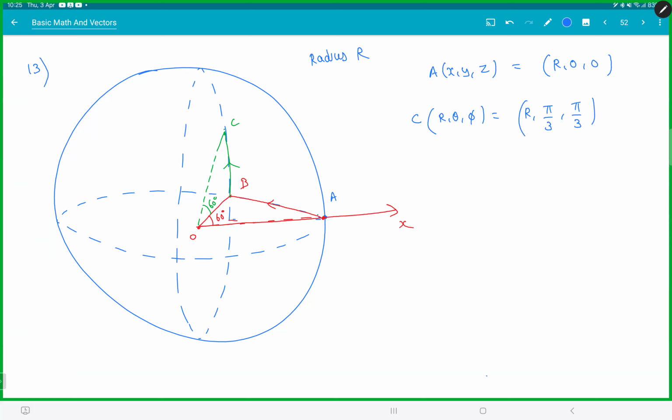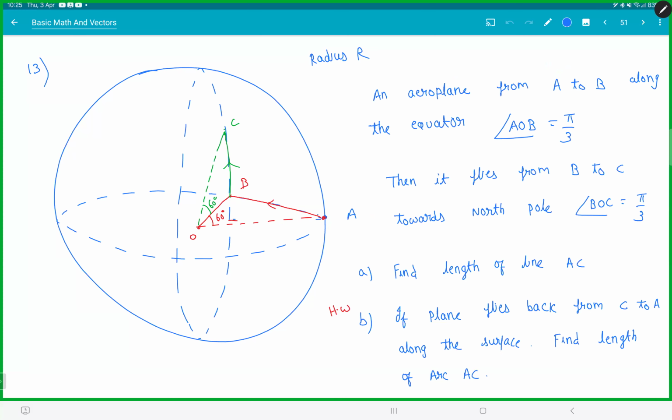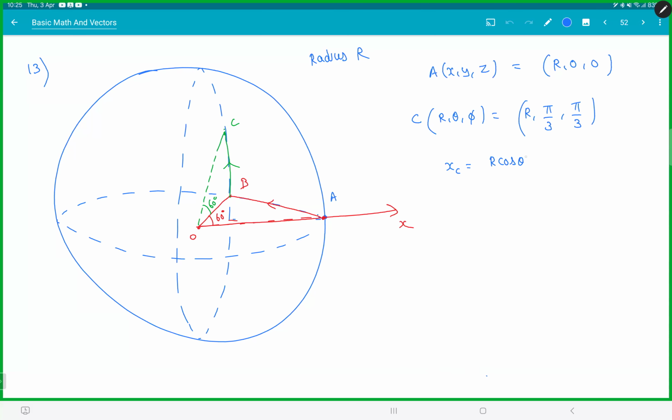X coordinate of C will be R cos theta cos phi, which is R cos 60 times cos 60, R by 4. Y coordinate of C will be R cos theta sin phi. That will be R, cos 60 is half and sin 60 is root 3 by 2, root 3 R by 4.